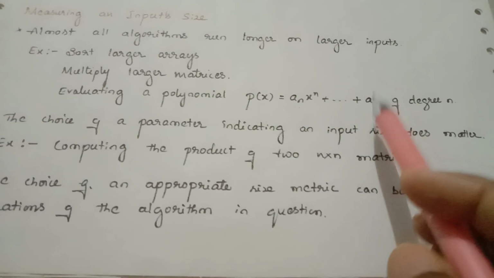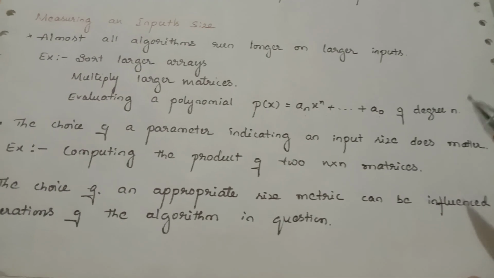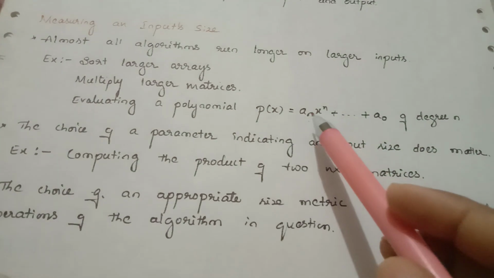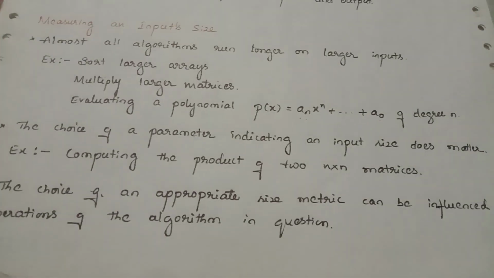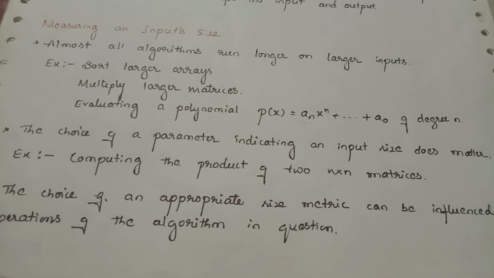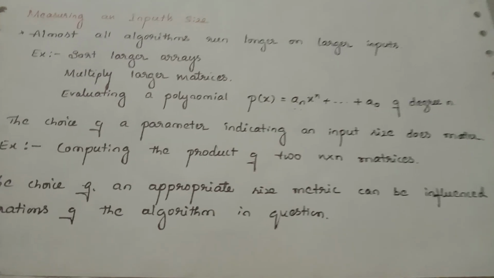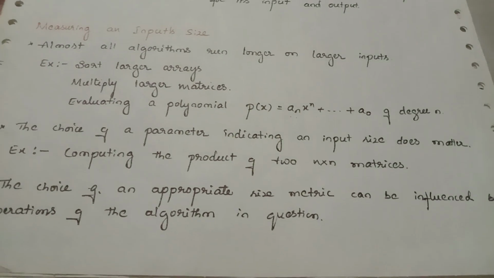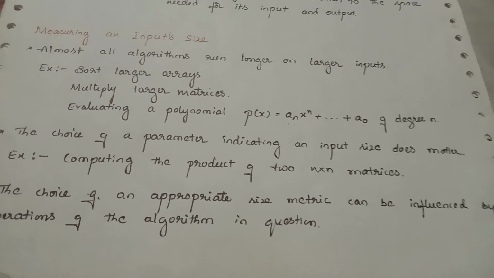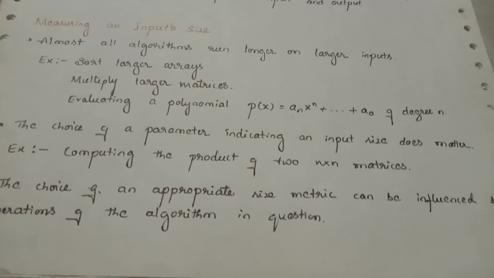So you can note here that we can take n as the input size, or we can choose the number of coefficients, which is one larger than n. So we can choose any one of these. Either we can choose n as a parameter of input size, or we can choose n plus 1 elements, indicating the number of coefficients present in the polynomial.